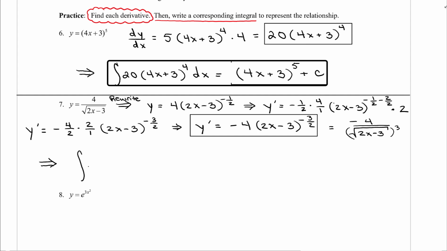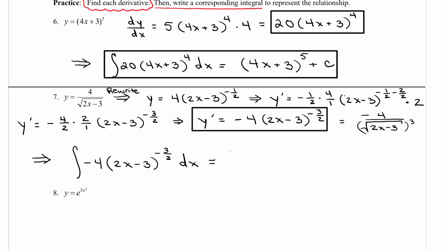It's going to be the integral of negative 4 (2x - 3) raised to the negative 3/2 power dx is going to be equal to 4 over (2x - 3) raised to the 1/2 power.